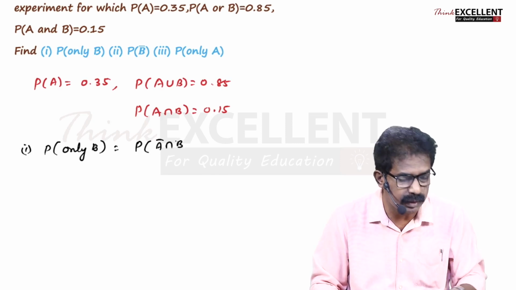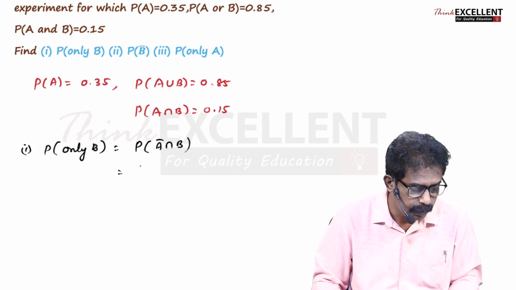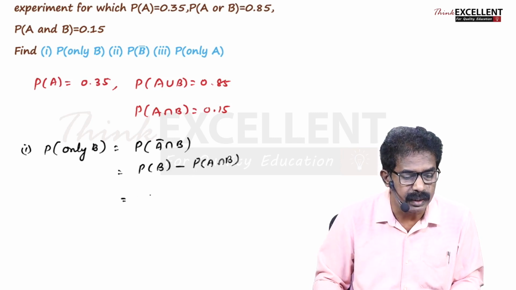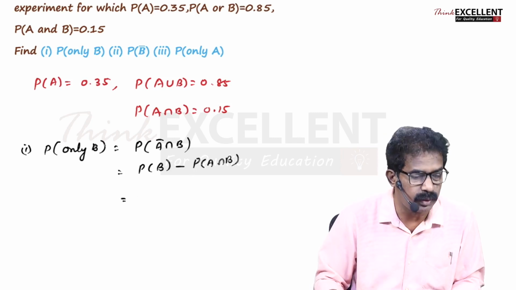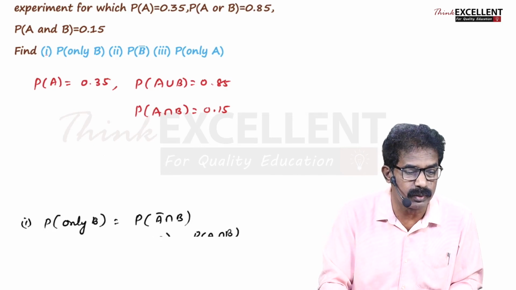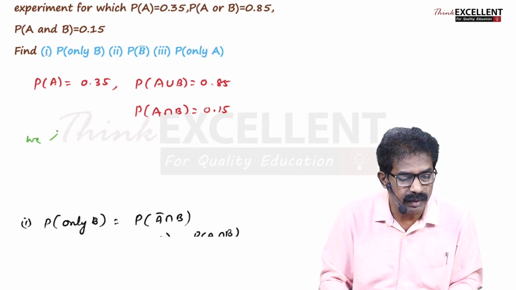P of A bar intersection B can be written as P of B minus P of A intersection B. P of B, we don't know, right? So what do you do? Using the addition theorem, you have to find P of B first, then only you can do this one. So write the addition theorem. What is the addition theorem?